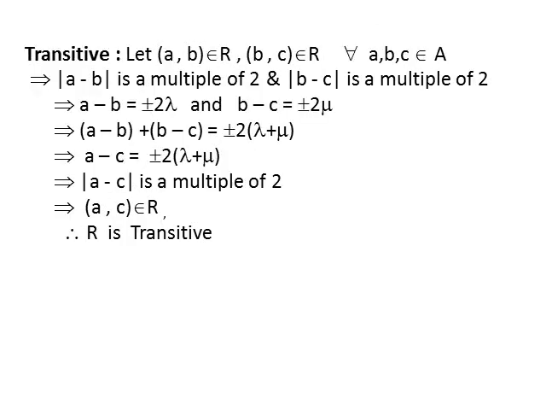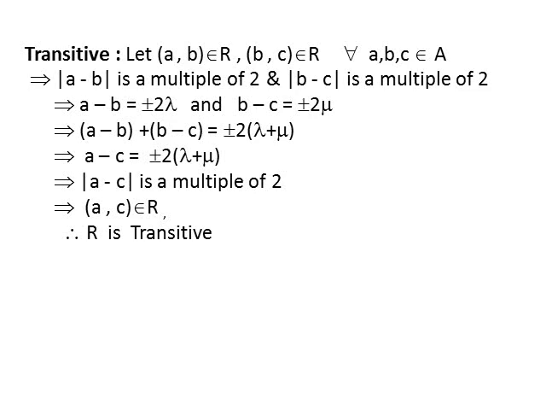Let ordered pair (a, b) belong to relation R and ordered pair (b, c) belong to relation R. This implies mod a minus b is a multiple of 2 and mod b minus c is a multiple of 2. It means a minus b is a multiple of 2 and b minus c is also a multiple of 2. This implies a minus b plus b minus c is also a multiple of 2.